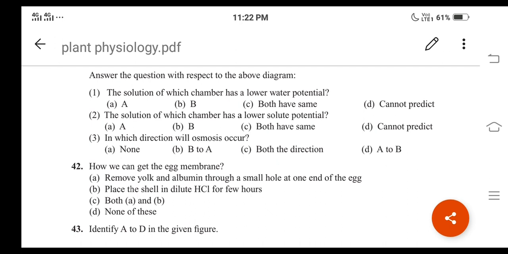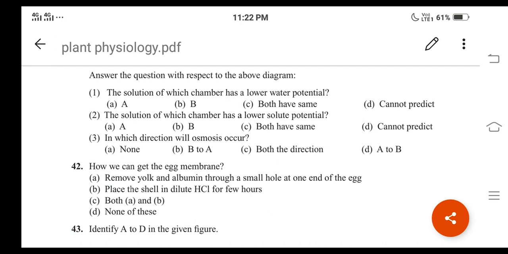Again it is B only, chamber B. Chamber B will have lower solute potential. When solute is more, the value of solute potential will become less. Option B is the right answer.